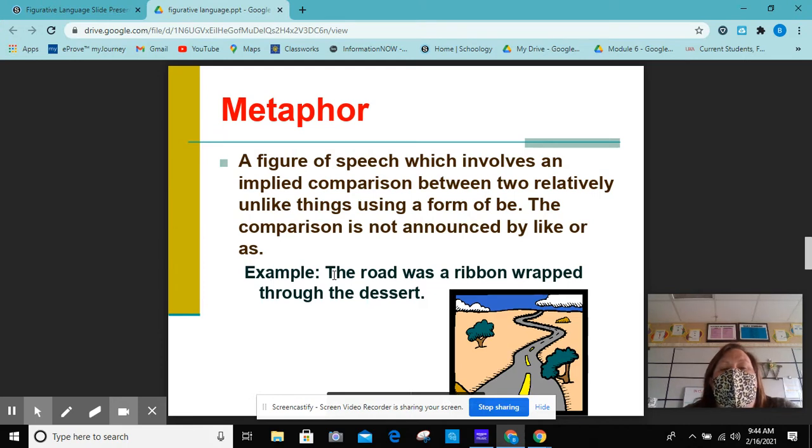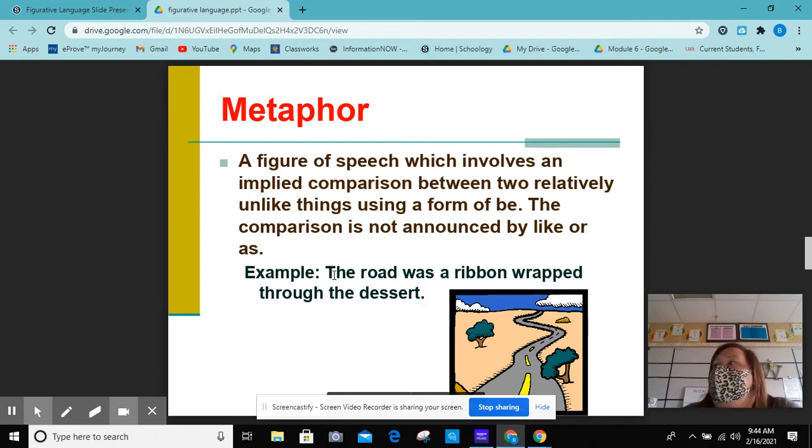The comparison is not announced by like or as. The road was a ribbon wrapped through the desert. Where are the be verbs again? Am, is, are, was, and were. You need to know the 5 be verbs, but you should know that from doing DGP.